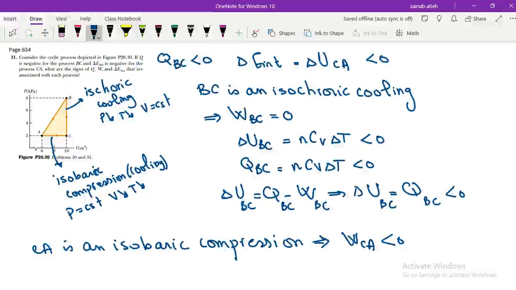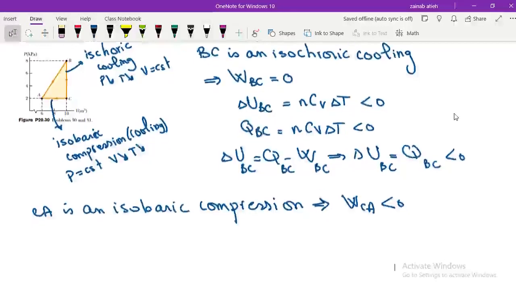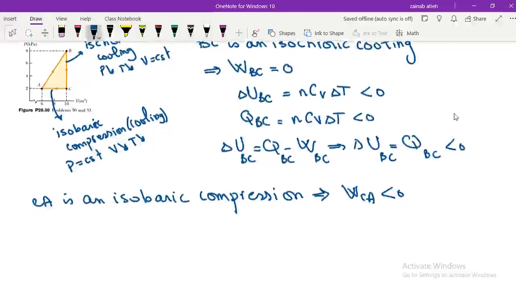Now let's go to delta U. Both of them can be solved at the same time. Delta U is all the time nCV delta T, this doesn't change. Temperature is decreasing, so in this case we have isobaric cooling, so for sure this one will be negative.